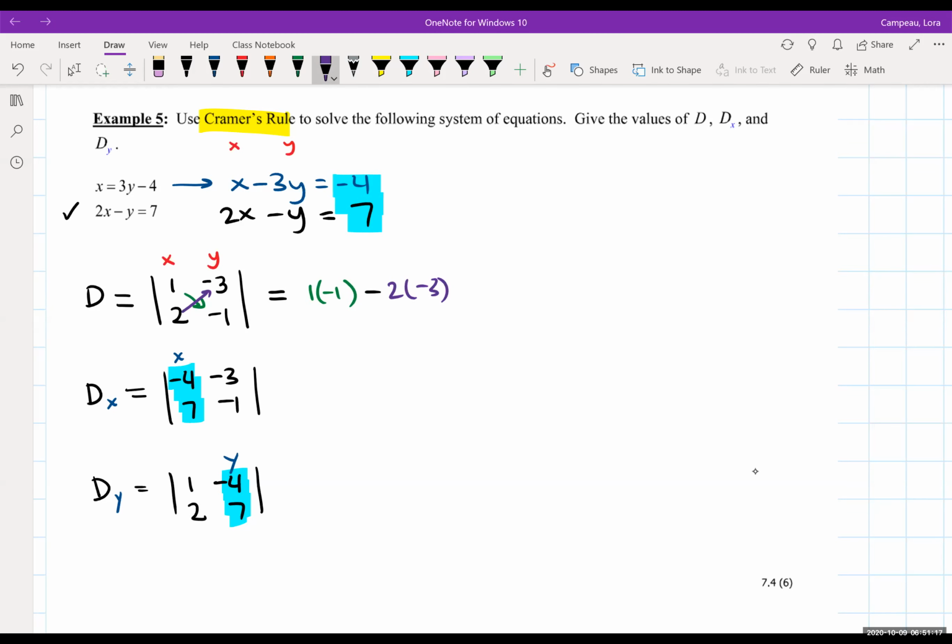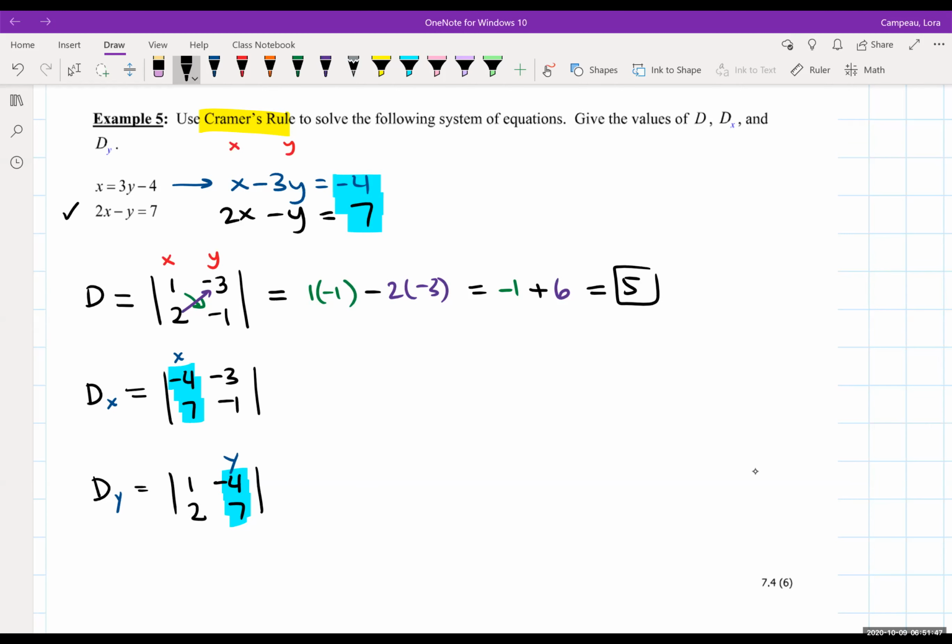If you prefer, I'll move sideways, helps me out a little bit. -1 times 1 is -1. I'll color code that for you so that you can see. I then have plus a 6. And what we get, -1 plus 6, just gives us a +5. So that is our value for D.